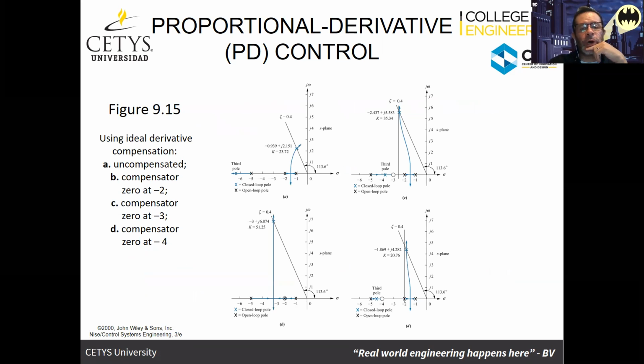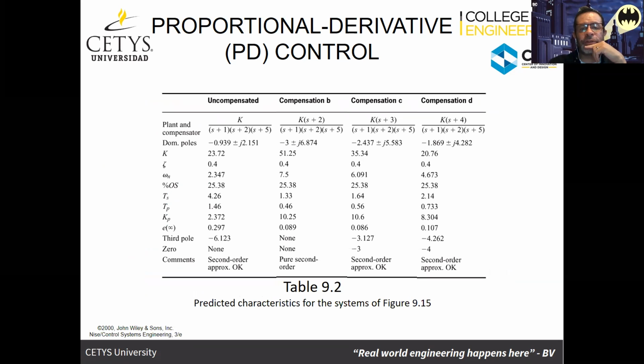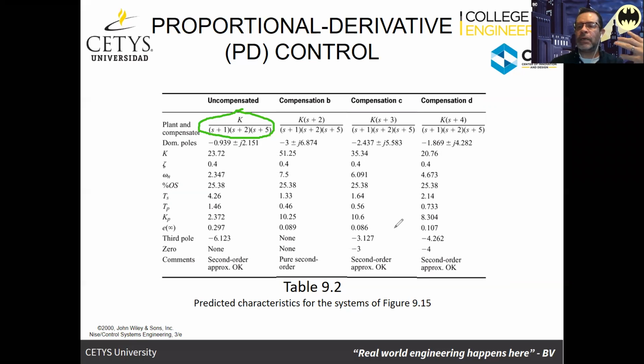Okay, so let's assume that we have a transfer function. This is the original transfer function for the system. And I'm going to be adding a proportional derivative controller.